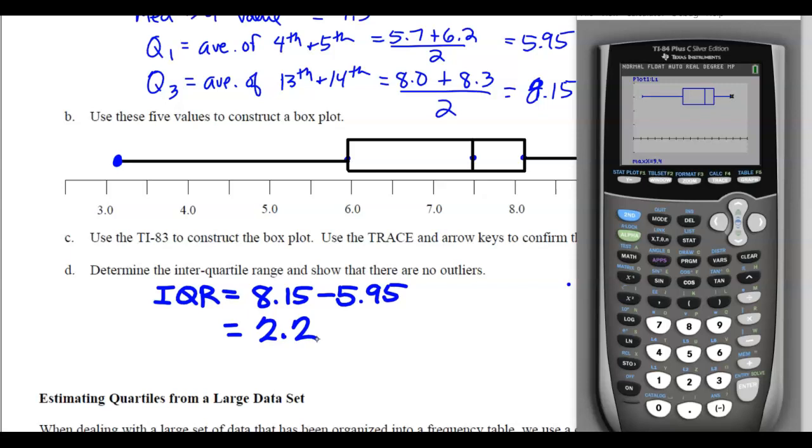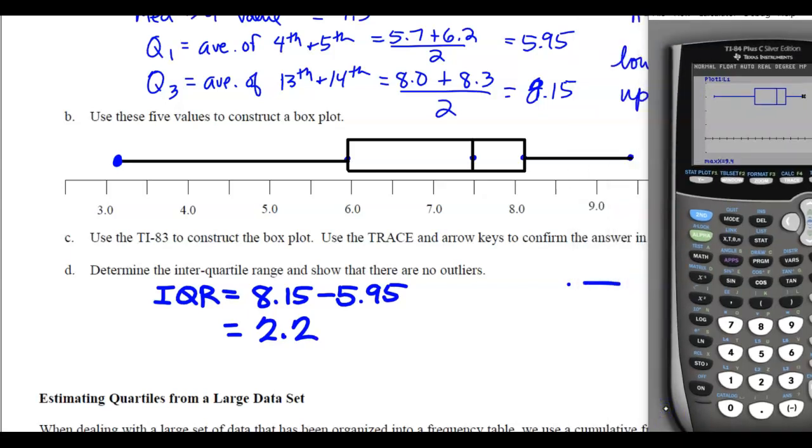And then determine if there are any outliers. So I want to take 1.5 times the interquartile range, 2.2.